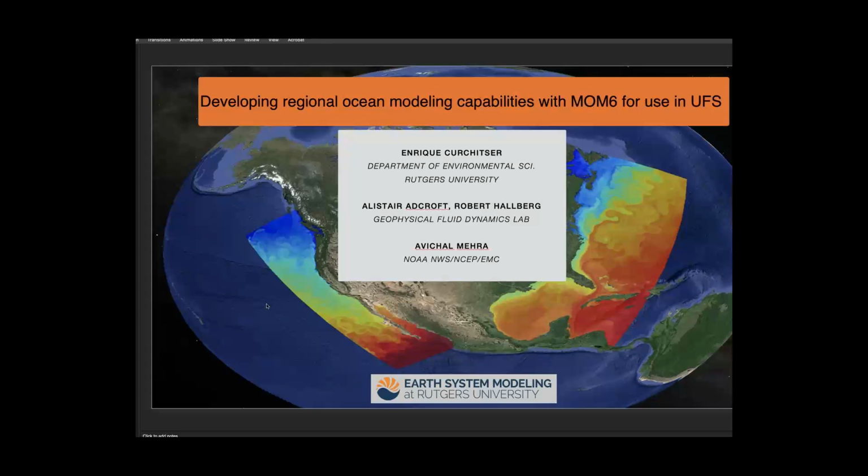And so part of what we are trying to do is develop regional capabilities, or the capability to use it as a regional model as well, so that ultimately it could be incorporated into HAFS and contribute to the UFS tropical cyclone prediction efforts.